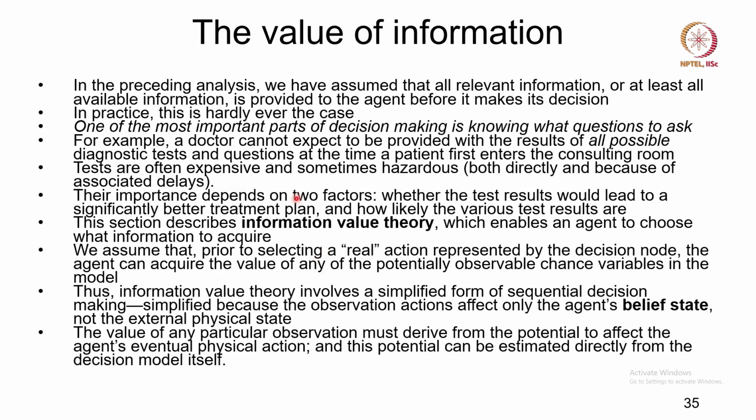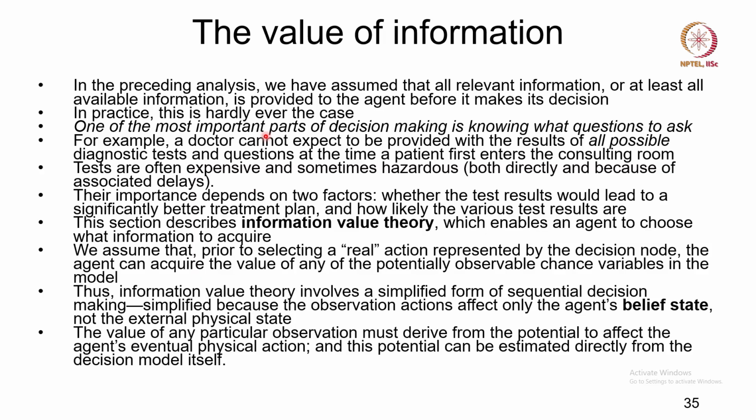Next we talk about what we mean by value of information. When the agent has to make a decision, we assume that it has all the information that it wants.